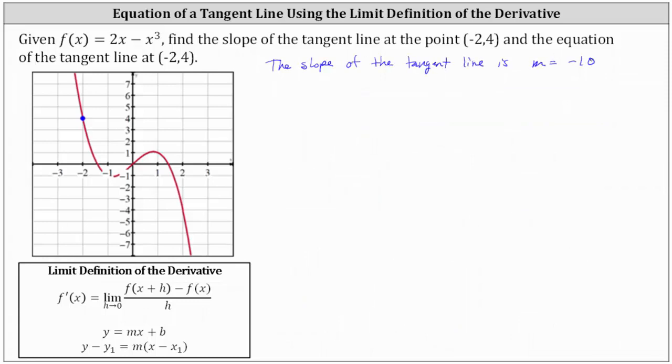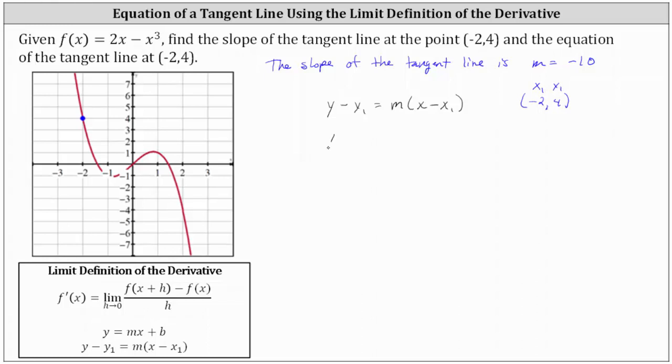Now that we know the slope of the tangent line, we can determine the equation of the tangent line, again at the point negative 2 comma 4. And we can use either point slope form or slope intercept form. I'm going to go ahead and use point slope form, which is the form y minus y1 equals m times the quantity x minus x1, where we know m is equal to negative 10, and our point is negative 2 comma 4, which means x1 equals negative 2, y1 equals 4.